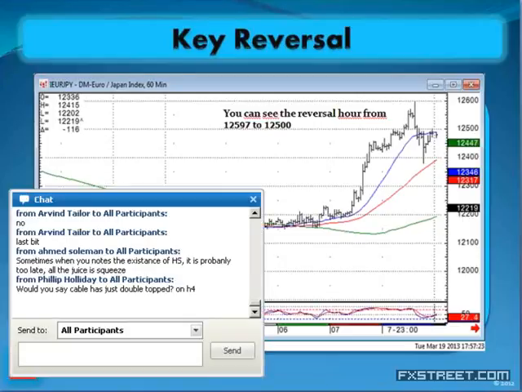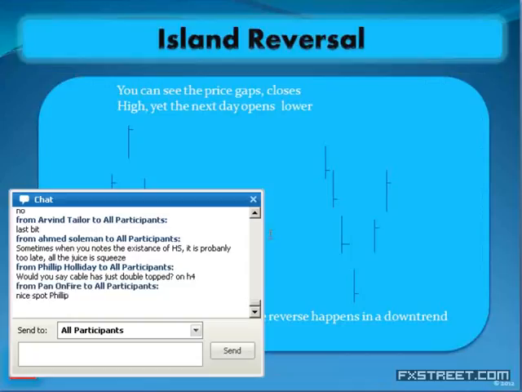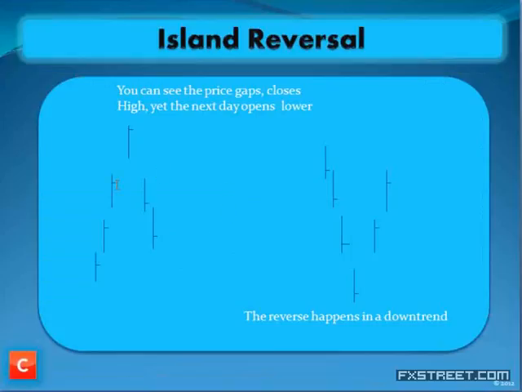Now we also have an island reversal. I couldn't find any, so I had to do these myself. What happens is you've got a strong uptrend, up, up, up we go. The market opens higher, gaps higher, closes higher, the next day opens lower, and down we go.